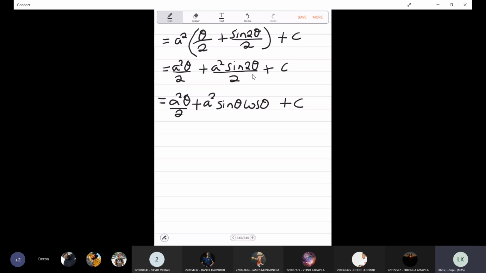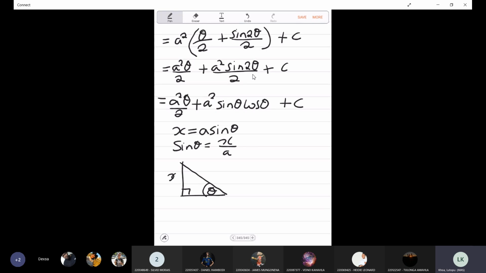Now the substitution we made was x is equal to a sine theta. So this means that sine theta is equal to x over a. So we can draw a right angled triangle. We put theta over here, and we know that sine is the opposite over the hypotenuse.